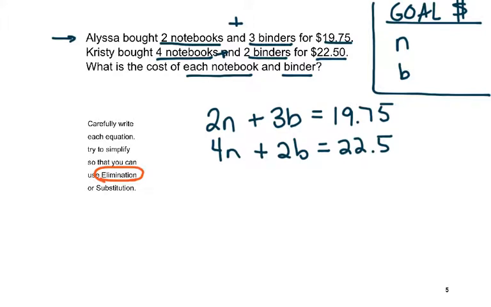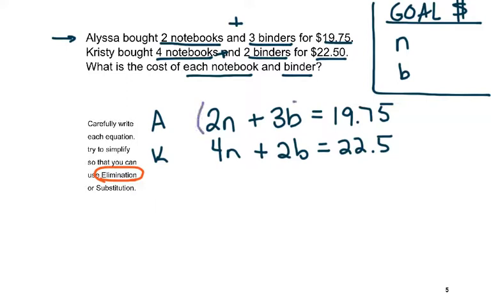If I look at Alyssa's equation, I see that I have a 2n right here, and that's related to 4n in a way, right? If I doubled the 2n and maybe multiplied it by -1, I could end up with something that I could completely eliminate the n from the equation. So that's what I'm going to choose to do. So let's go ahead and do that.